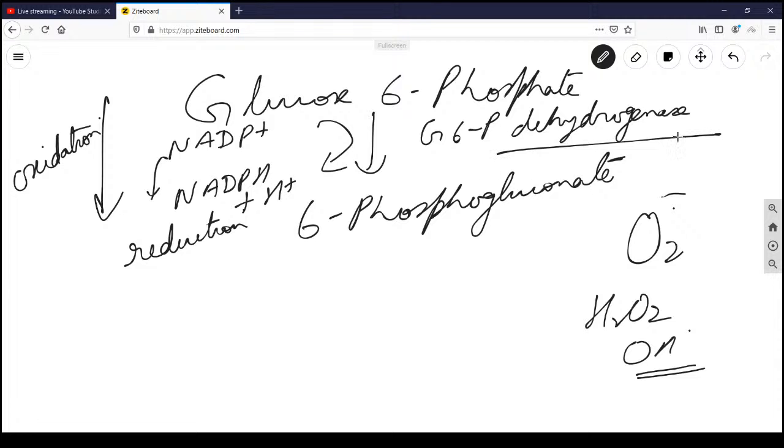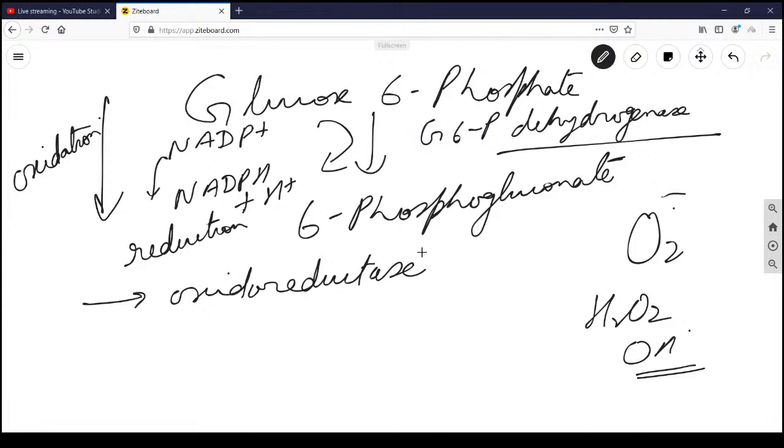And dehydrogenases catalyze oxidation reduction reactions, so they fall under the category of oxidoreductases in the enzyme classification. We have six types of enzymes, right? Oxidoreductases, lyases, ligases, then transferases, you might be knowing. So this falls under the oxidoreductase category. Now, they say glucose 6 phosphate dehydrogenase deficiency.